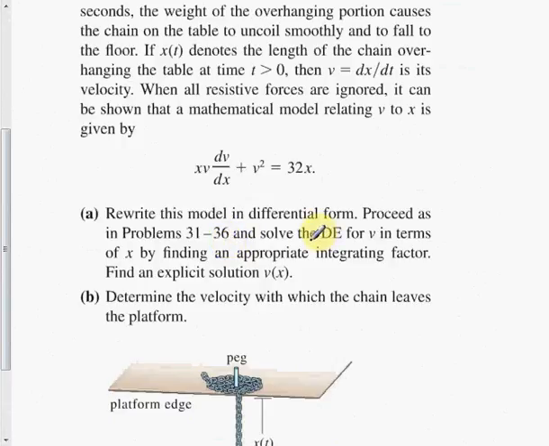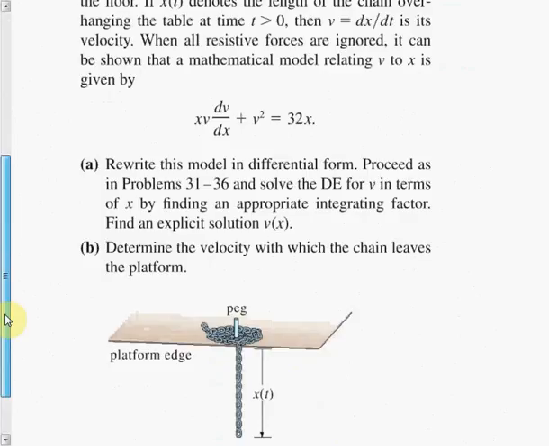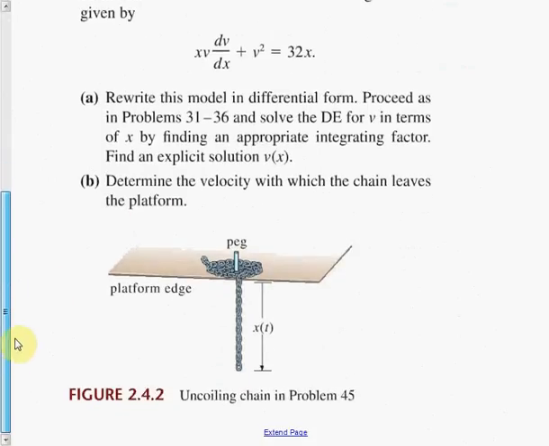Those were the problems where the differential equation, you want to see if it's exact, is not exact, but then you want to find that very funny looking integrating factor, and then you multiply the integrating factor to the equation, and then you solve for exactness. Find an explicit solution of v of x. Determine the velocity with which the chain leaves the platform, part B.